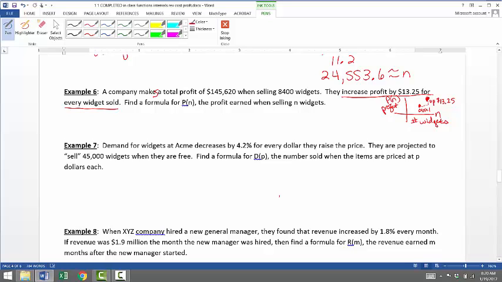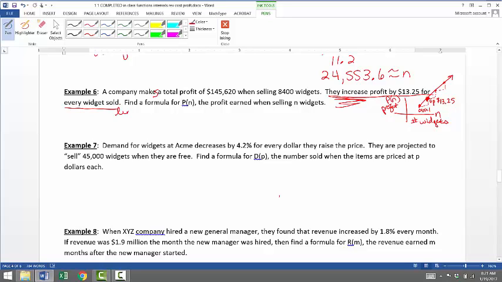And it says that they do that every time. They increase profit $13.25 for every widget sold. So on the graph, it's saying over 1, up $13.25, over 1, up $13.25, and so on. They are describing a straight line, a linear function. That is the sentence that tells us that. So I know it's linear.